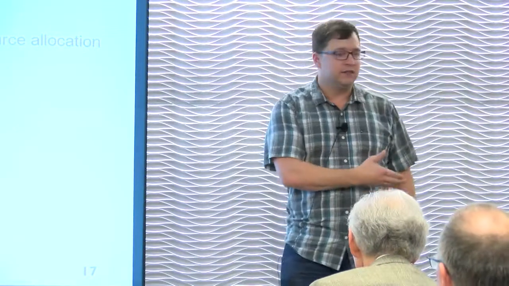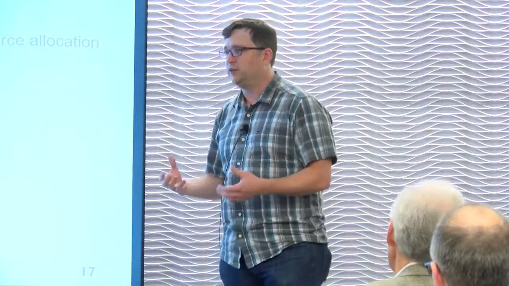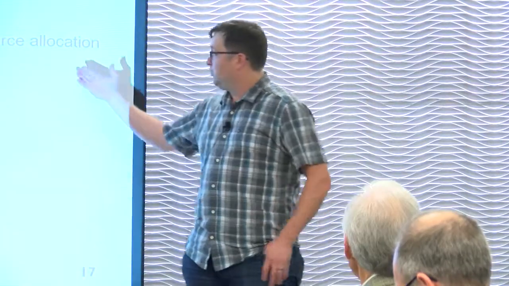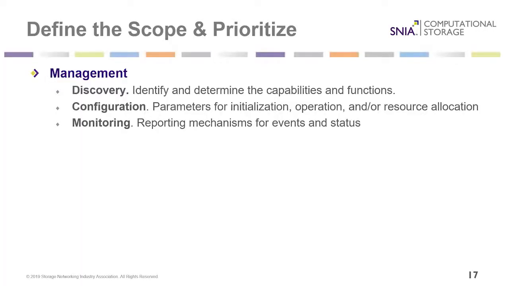Configuration, so this goes back to Scott's point earlier, where we want to allow for a device that's providing that kind of fixed computational, or any kind of computational storage service to be configured. That could be different sizes, different algorithms, different configurations. Resource allocation is another piece. And then also monitoring.